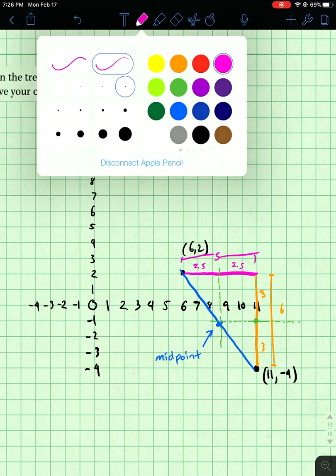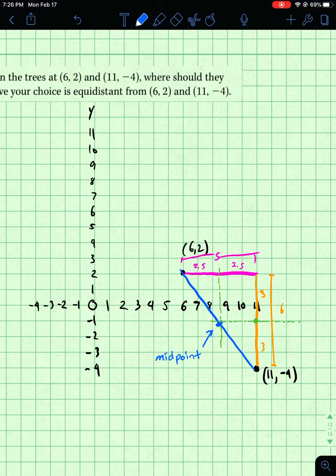So we can generalize this and show that the midpoint here is 2.5 from 6. So the x-coordinate is 2.5 from 6. And for the y-coordinate, let's think about this, -4 and 3 up. So it should be (8.5, -1). Let's confirm.